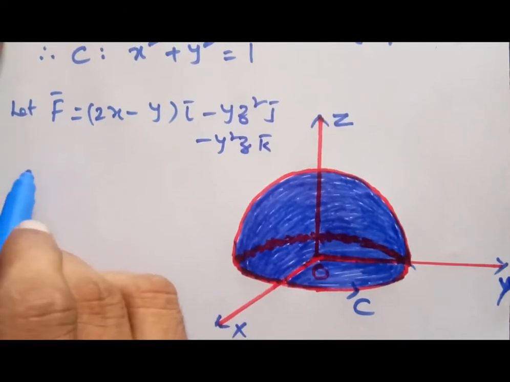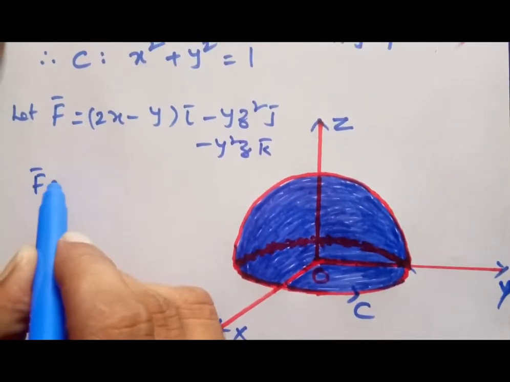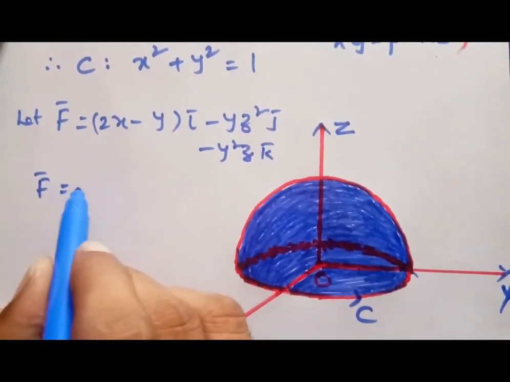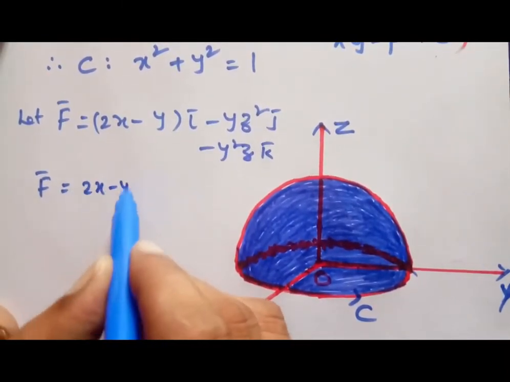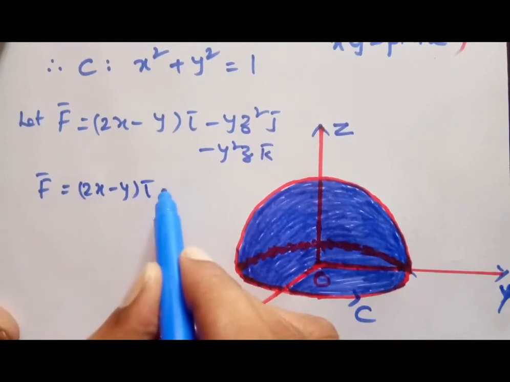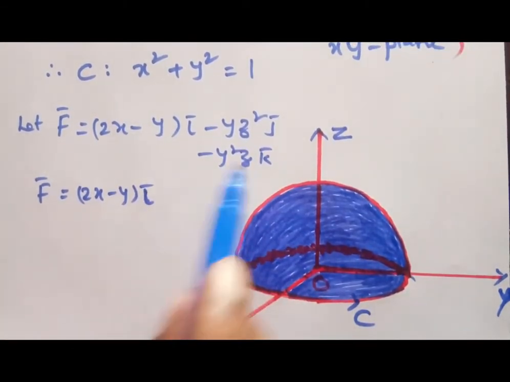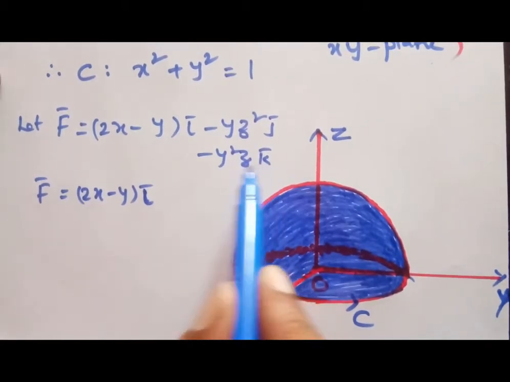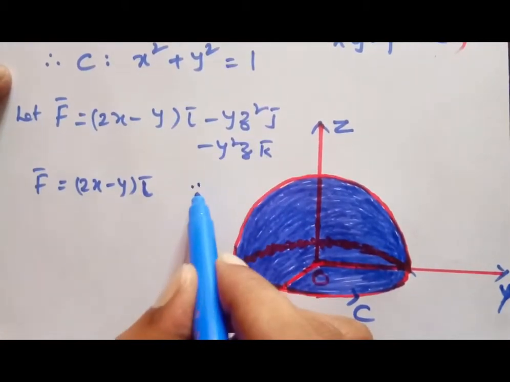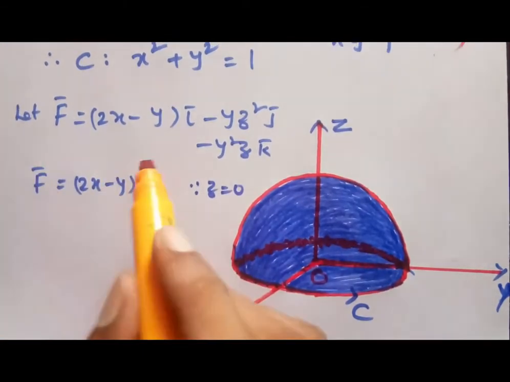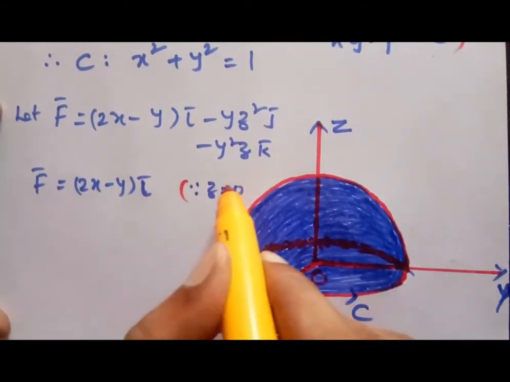Therefore this becomes F bar is equal to (2x minus y) i bar minus 0 j bar minus 0 k bar, since z is equal to 0.